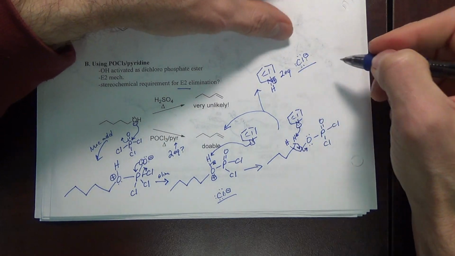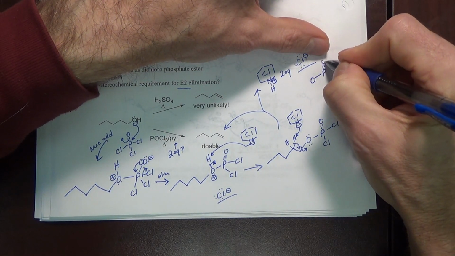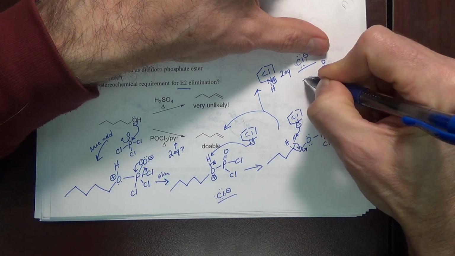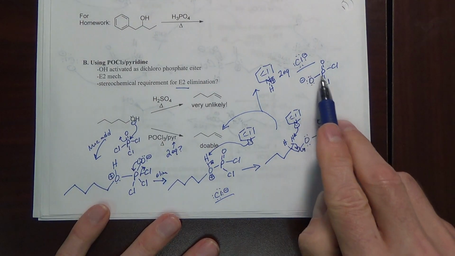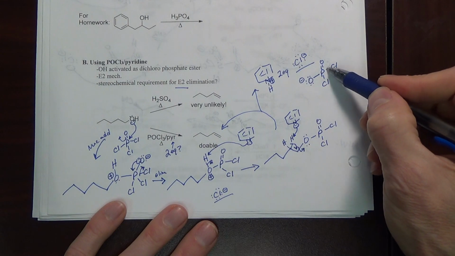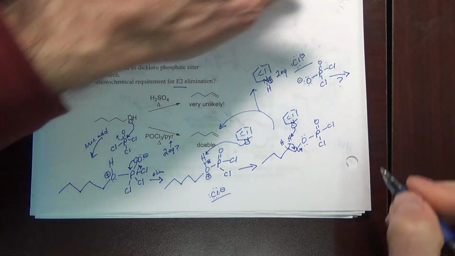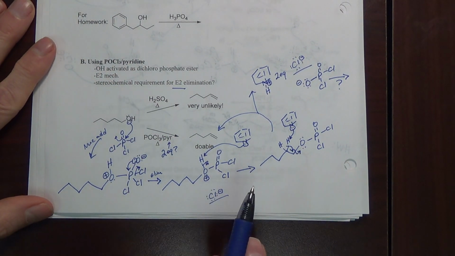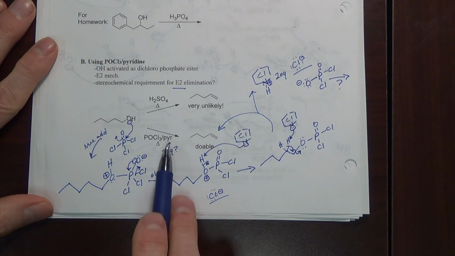But then the other minus is this leaving group, which looks like it may break down because we can make a pi bond and kick off a chlorine, but I'm not going to consider that here. But see, we generated an acidic proton along the way, so we had to take care of that. I think this requires two equivalents.